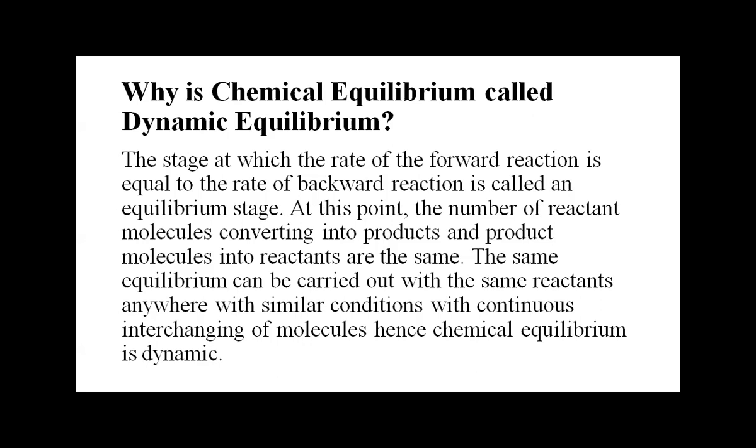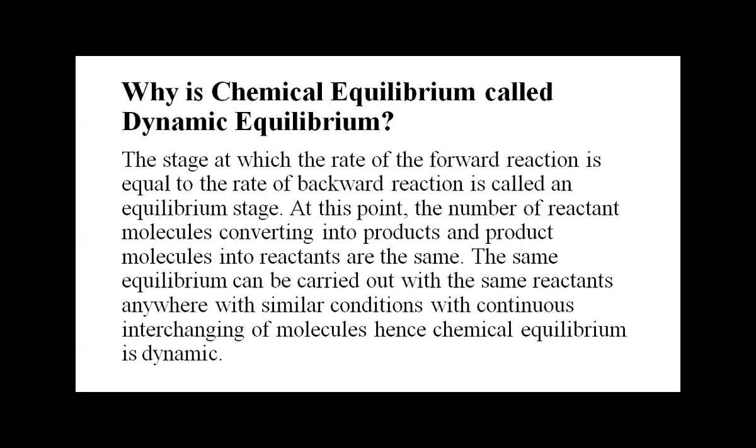In general, chemical equilibrium is said to be dynamic. We have just seen the graphical representation of a forward reaction and a backward reaction. The stage at which the rate of forward reaction is equal to the rate of backward reaction is called the equilibrium state.